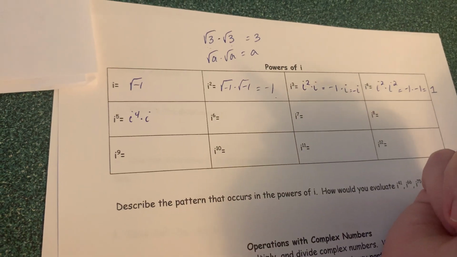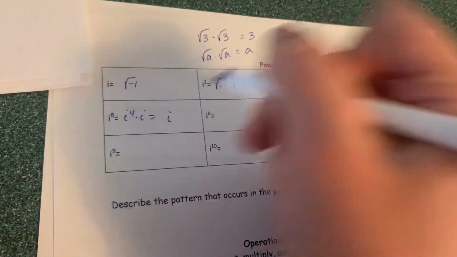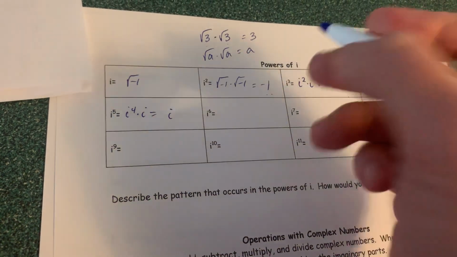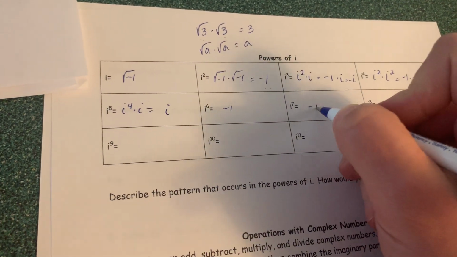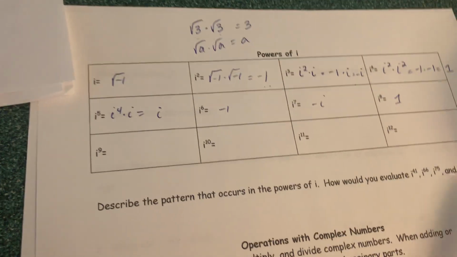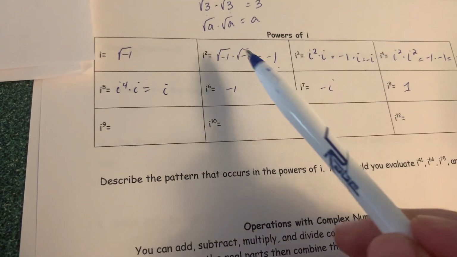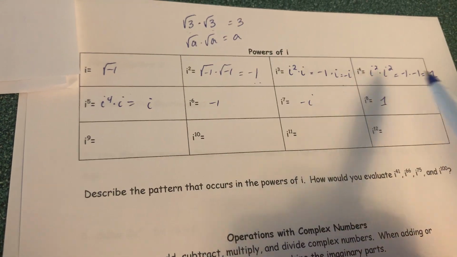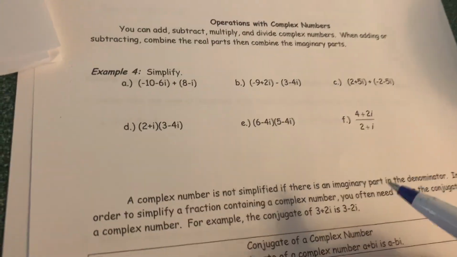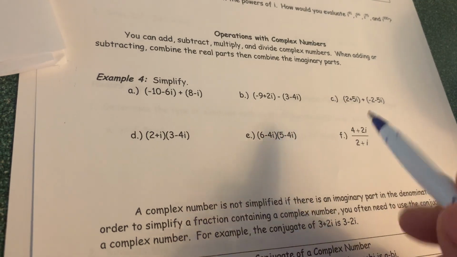Well, i to the 4th is just 1 and i is i. So we go back: i, -1, negative i, 1. And it's cyclical. You just need to really remember i squared is -1 and i to the 4th is 1.